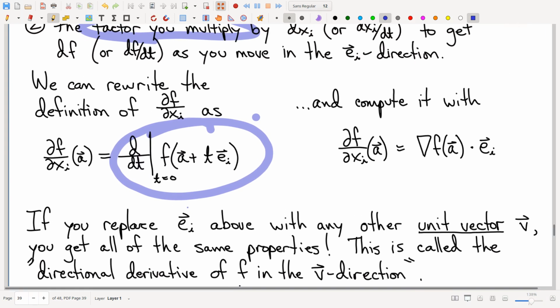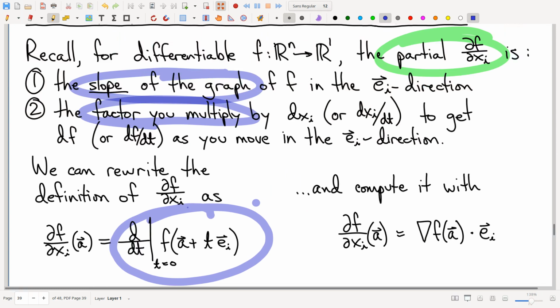And then here's another thing we know about partial derivatives. We know this formula. Again, I hadn't quite written this down before, but it's easy to crank out. The gradient is made up of a bunch of partial derivatives, and ei is made up of a bunch of zeros, except for a single one in a particular position, and that one multiplied by the appropriate coordinate of the gradient gives you that corresponding partial derivative.